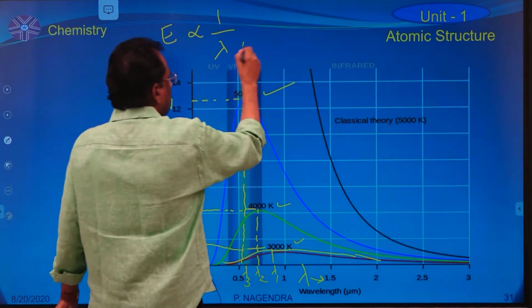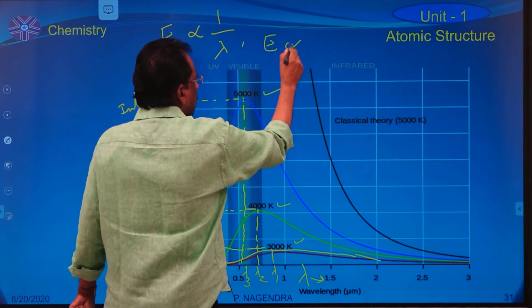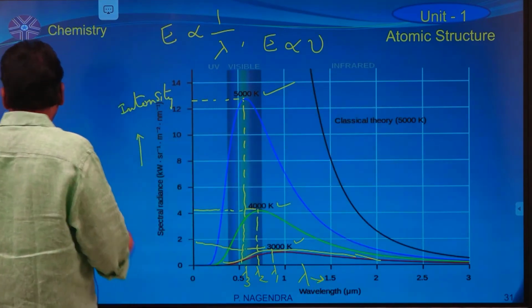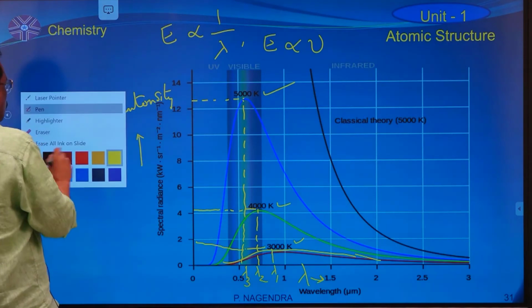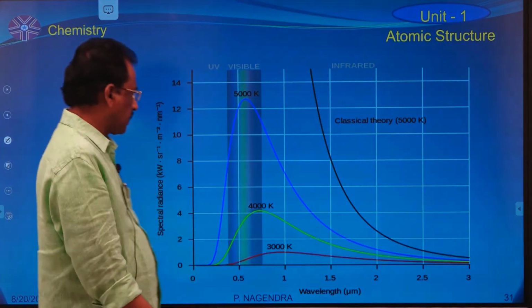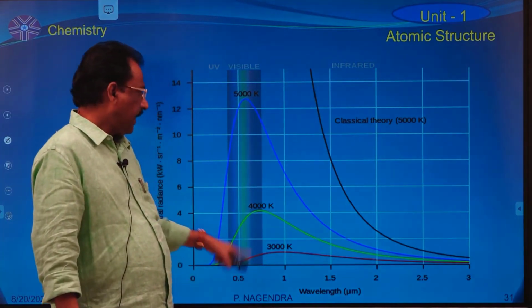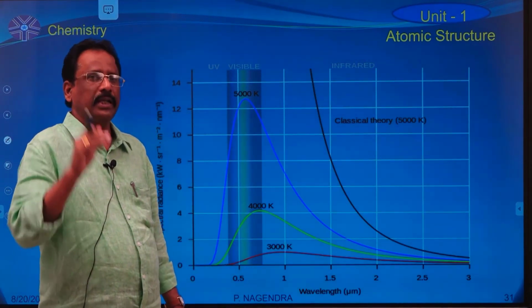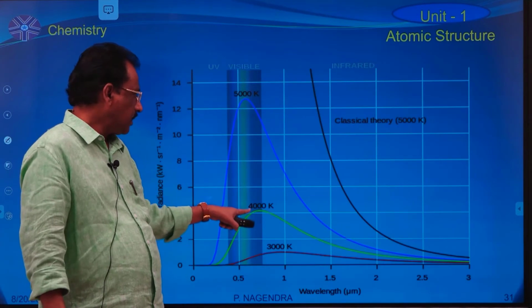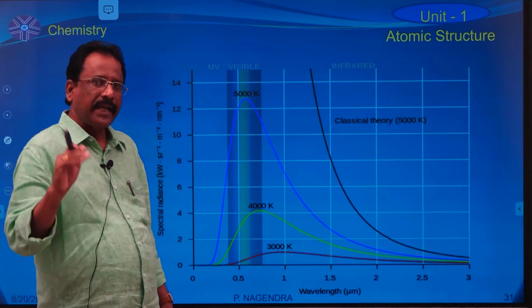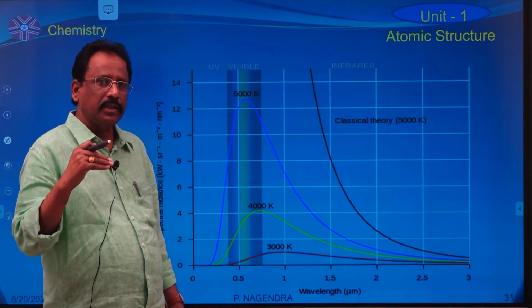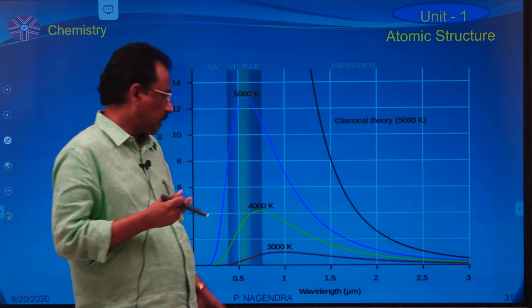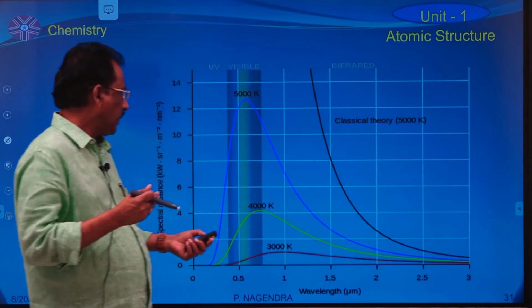Therefore, the energy of the radiation is directly proportional to the frequency of the radiation. So a very important point is that the radiation emitted by a black body depends upon temperature. When temperature increases, the maximum intensity shifts towards shorter wavelengths.